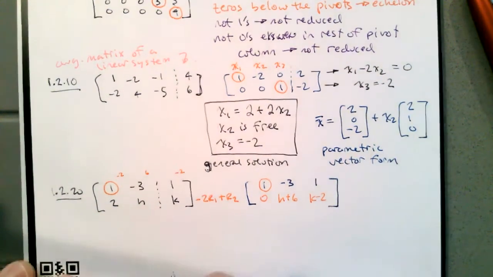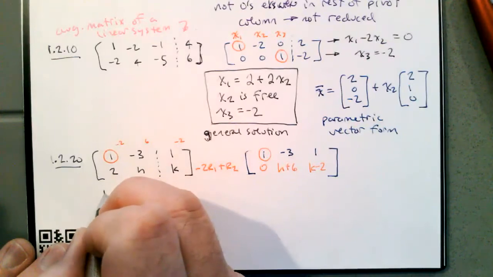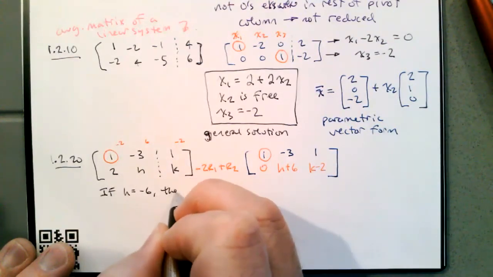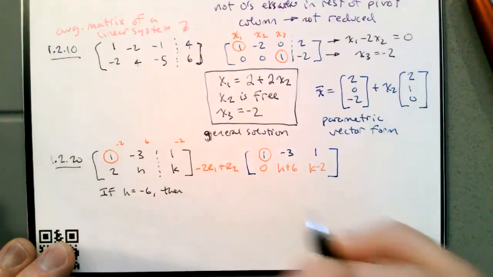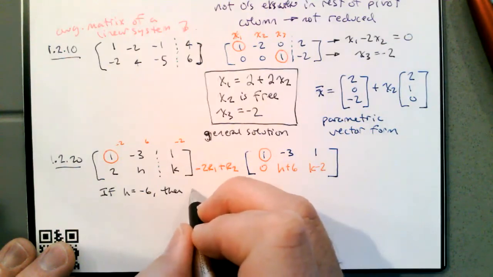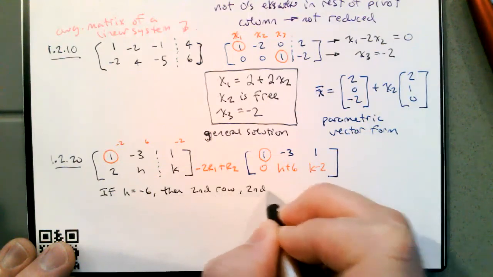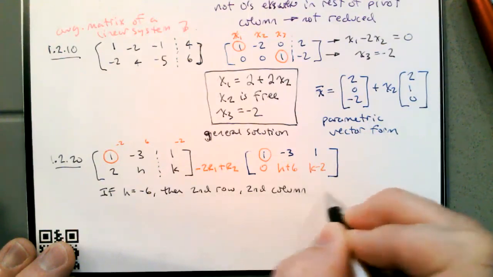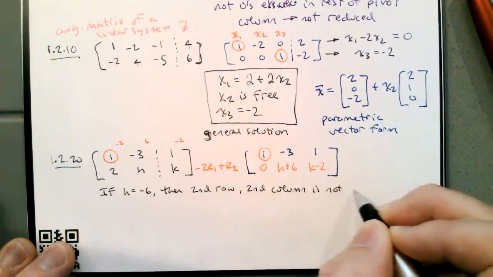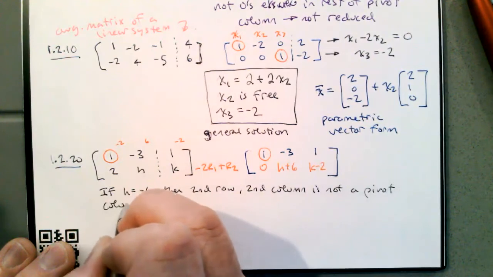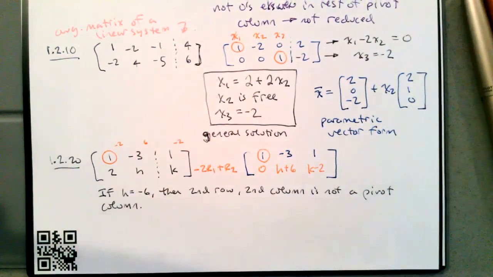So now we can say if h equals -6, then no more pivots in the second row, second column. It is not a pivot column. Everybody see that?